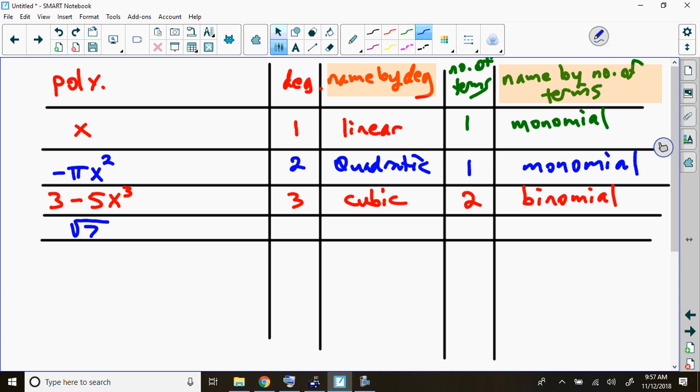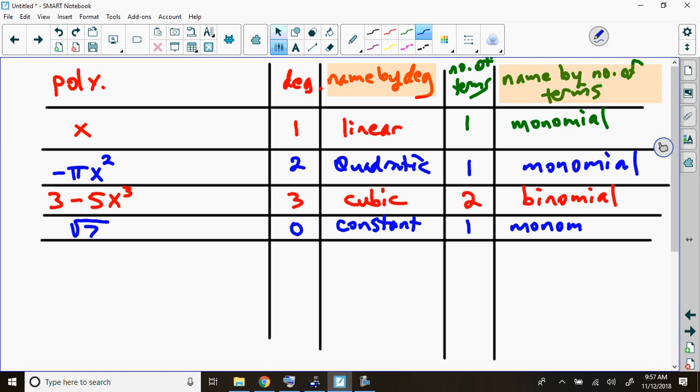What's the degree of this? The degree's not 1. If the degree was 1, we'd have an x in it. The degree's not 2. If the degree was 2, we'd have an x squared in it. The degree here is 0. And the name by degree is constant. And how many terms does this have? 1 term, and we call it a monomial.